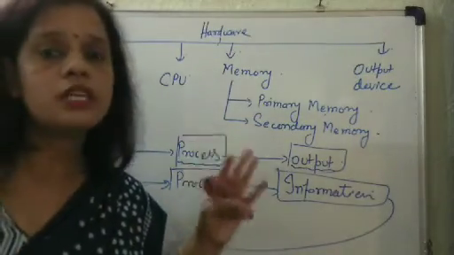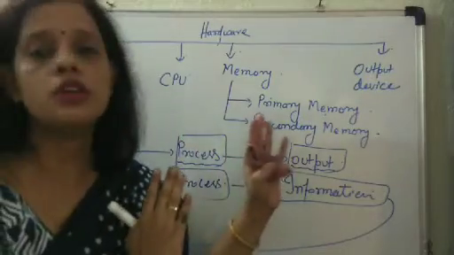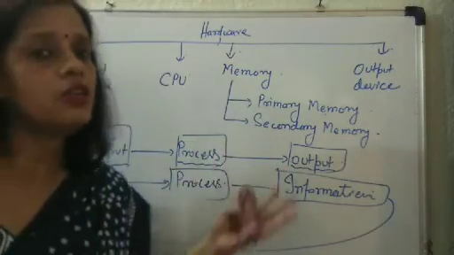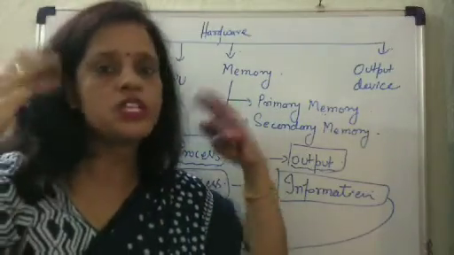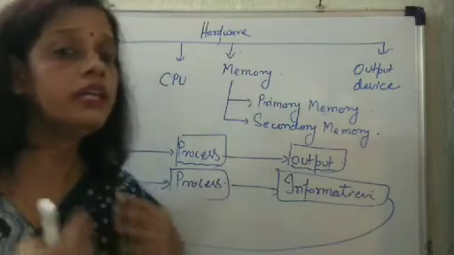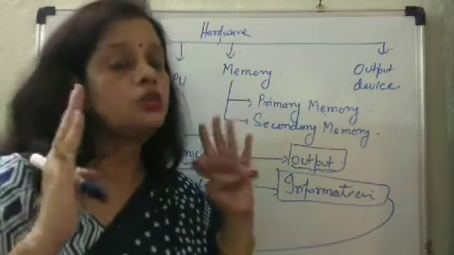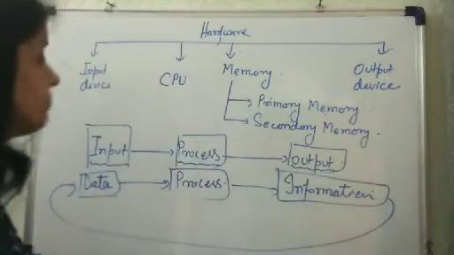How do you call a person a doctor? Because that person has collected all the information required for that profession, and that information is in their brain. They know how to deal with patients and how to treat the patients.